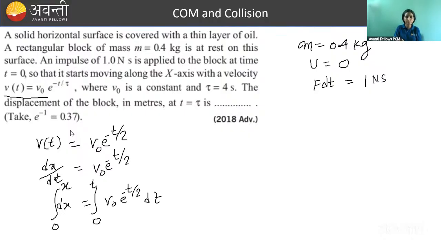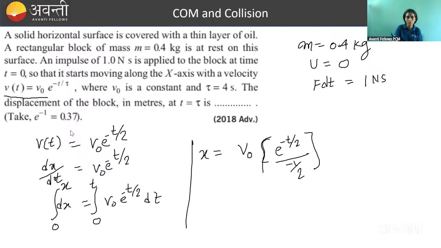So here x will be equal to how much? इसको आप इंटीग्रेट करो, कितना आएगा? v naught, how much we are going to get? v naught e to the power minus t by tau divided by minus 1 by tau. Right? So yes, ma'am. Yeah, thank you.